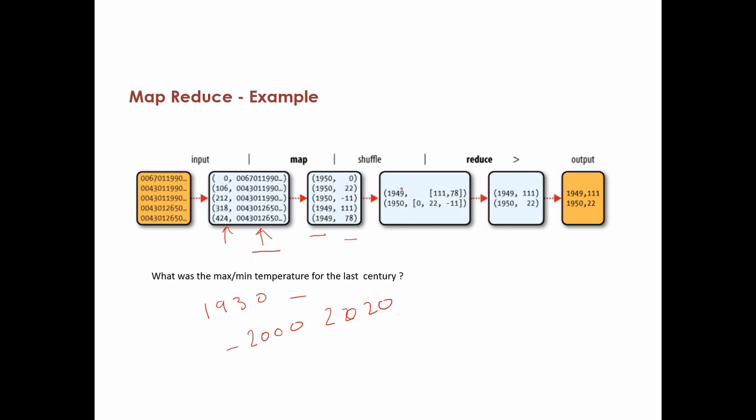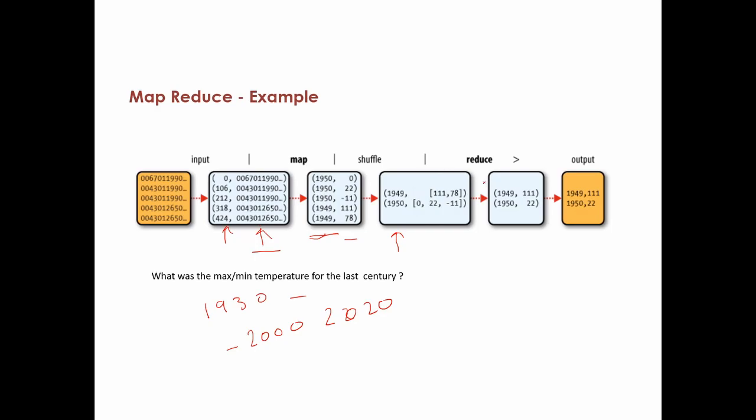Now in the shuffle phase, remember that the mapper output key is just the year, and the shuffle phase will then send all the records for a particular year to a particular reducer.